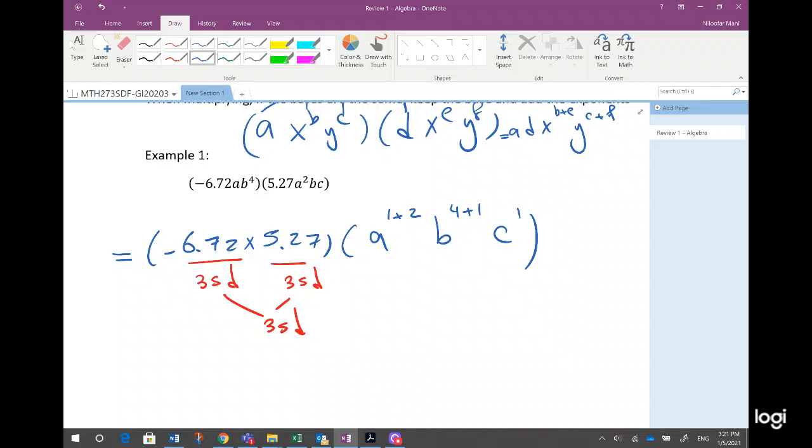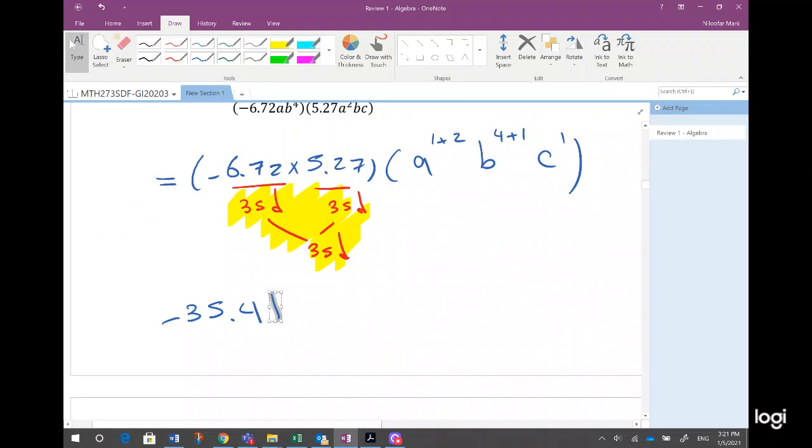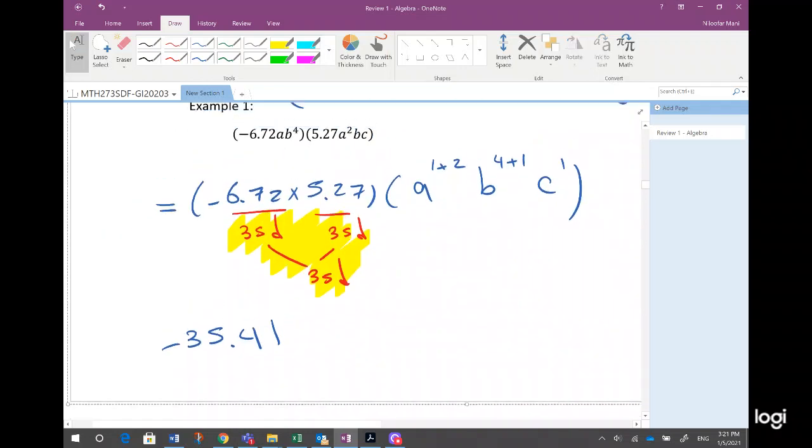I want to see the question, and I want to see how you are rounding, which is this part. And I want you to show me the answer, which is minus 35.41. Because I want 3 significant digits, I just show 4 significant digits. This is the answer.